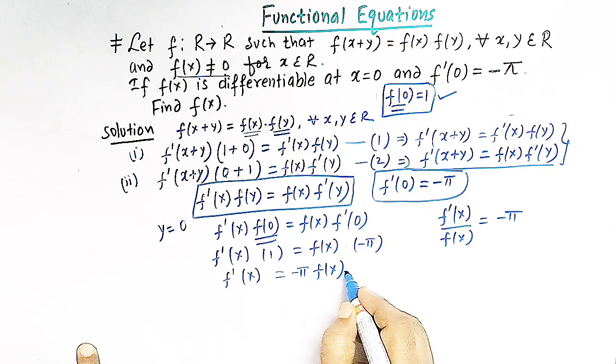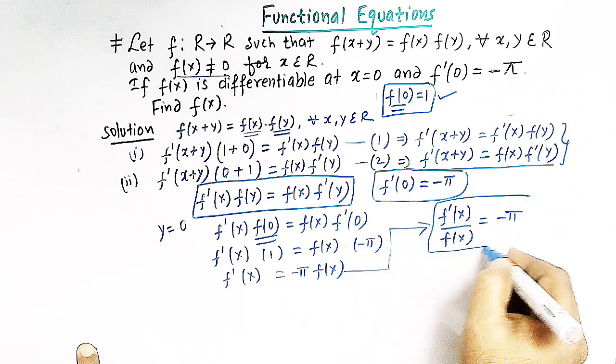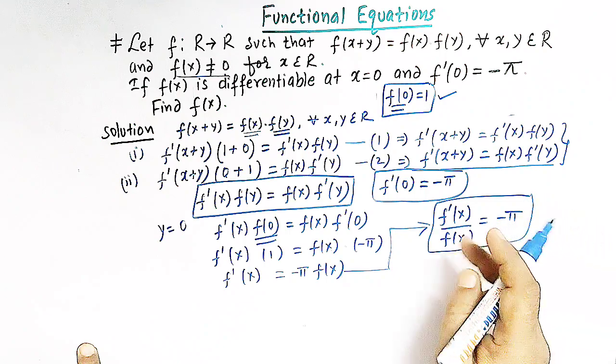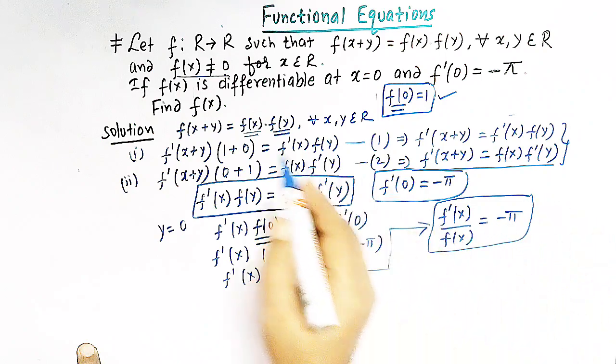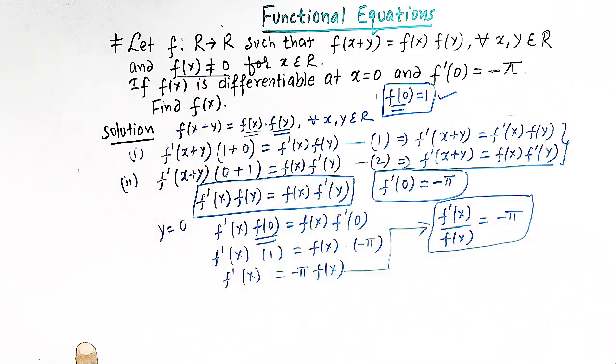So now from here we have this equation. Now this is our differential equation, and we can easily get the value of the function f of x if we integrate both sides.